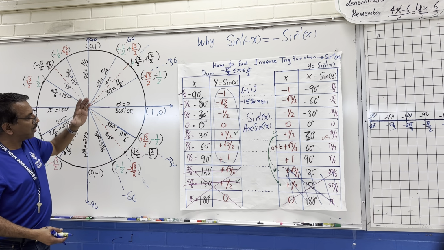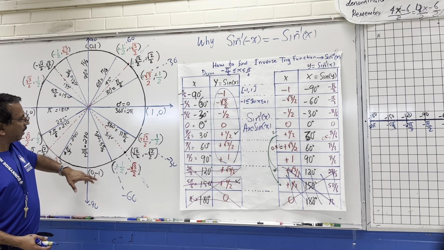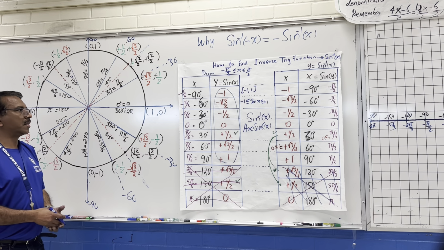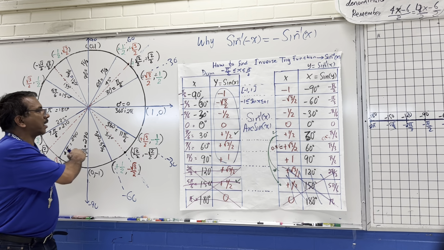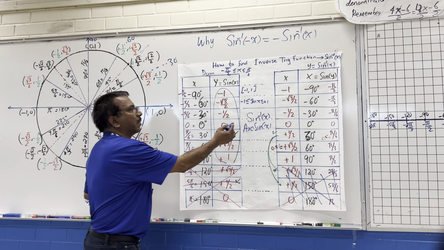All these values cover the sine values from minus 1 all the way to plus 1. That is the reason it's called the arc, because of this semicircle arc. Or you can just write it with minus 1.